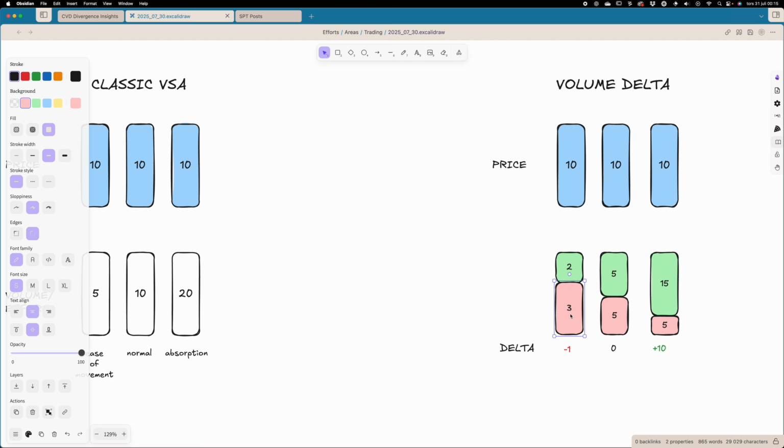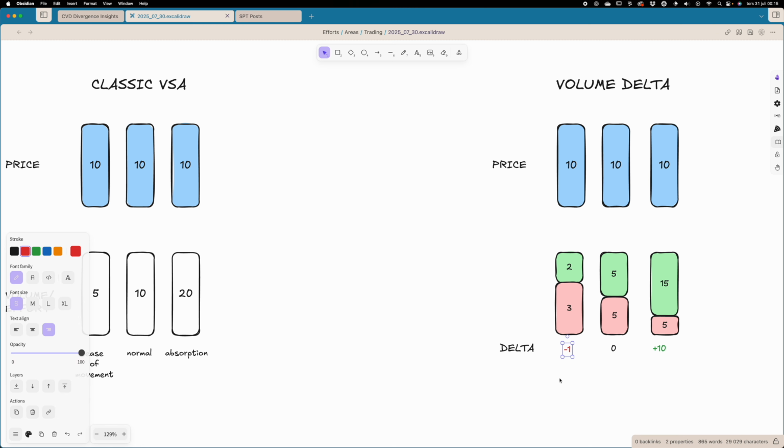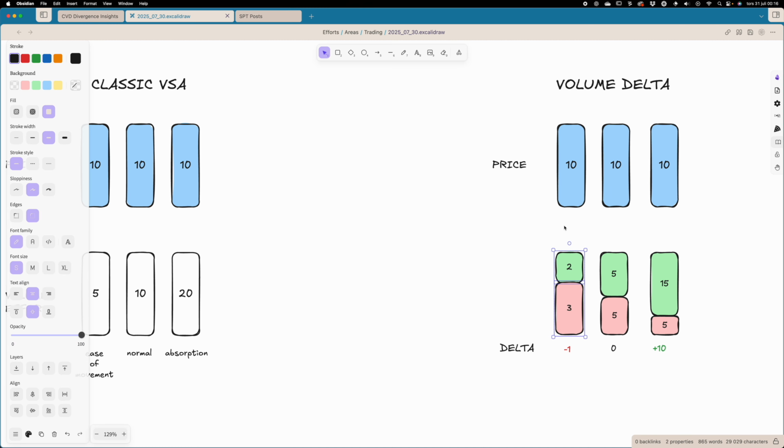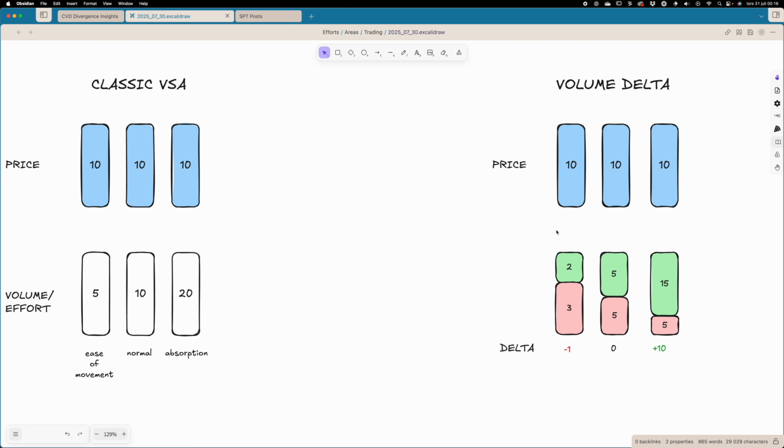We could say that the bears were more aggressive, and the difference between these two is 1. So the delta is -1. So this number tells us that bears were a little bit more aggressive. It cost the bears 3, the bulls 2, and with that we moved 10.